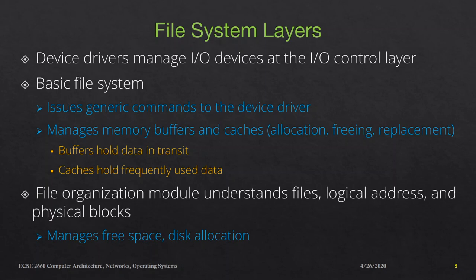So data is going to move to and from the devices to the application program. And the basic file system, which sits right in the middle of those layers, has buffers and caches that do the following: allocation, freeing up space, and replacement. So buffers are going to hold the data in transit, and the caches, they do what they do best: hold frequently used data in order to reduce response times.